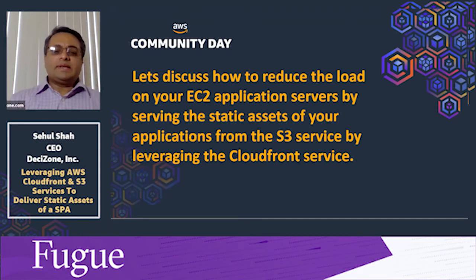What we want to discuss today is how we can reduce the load on our EC2 application server by serving the static assets of your application from S3 buckets and by leveraging CloudFront. If you are a very advanced AWS user, you'll probably have come across this best practice. But for a lot of startups and new AWS users, this is a very good hack to get more bang for your buck.